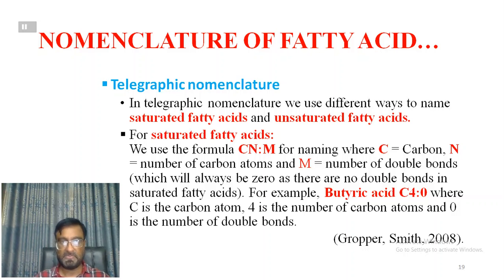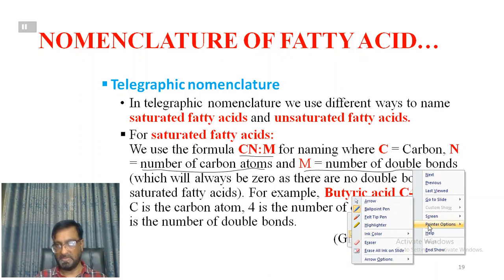Then the delta nomenclature. For saturated fatty acids, we use the formula CN:M for naming. C means carbon, N means number of carbon atoms, and M means number of double bonds.